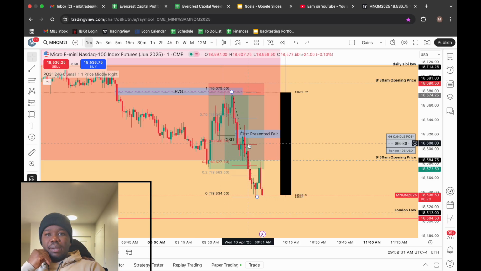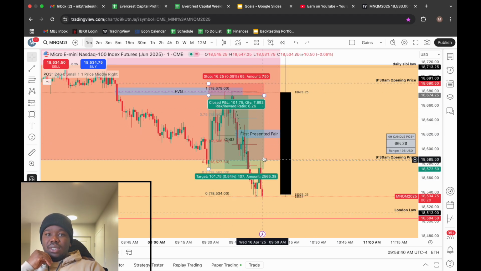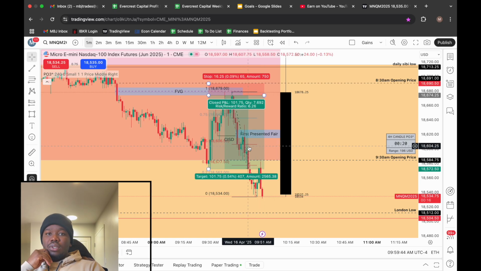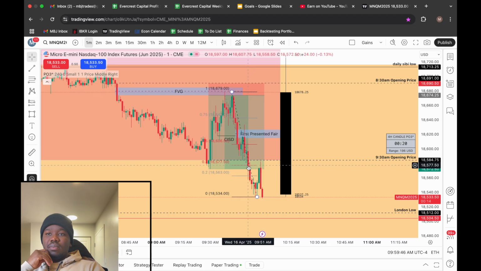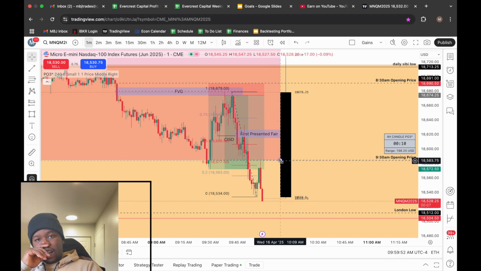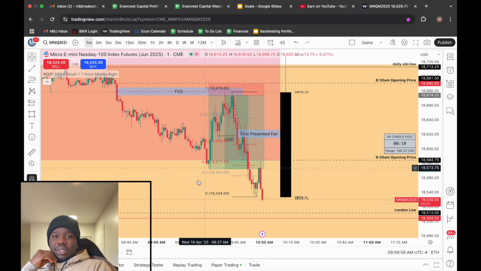So when I see big price movements and it looks like we're retracing, I want to use my fib to get an idea of whether there's something that's going to hold price down, i.e. this order block, coupled with the 9:30 a.m. opening price, coupled with the fact that in London session we already went really high, so a retracement is warranted.